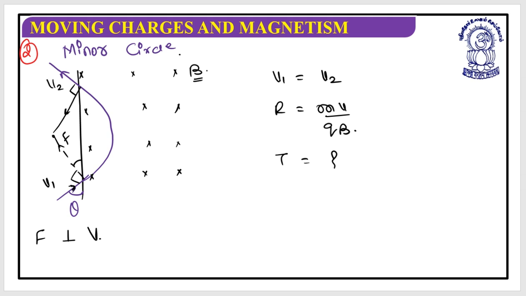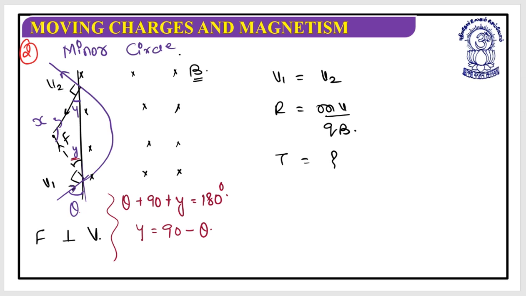Find out this angle. Let's assume this is y, even this is y, and this is x. It is very little geometry, please focus. Theta plus 90 plus y should be equal to 180 degrees, and from here y is equal to 180 minus 90, which is 90 minus theta. So this value y is equal to 90 minus theta.